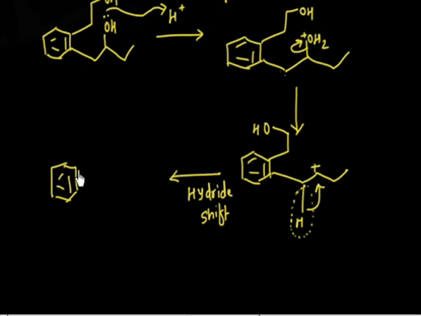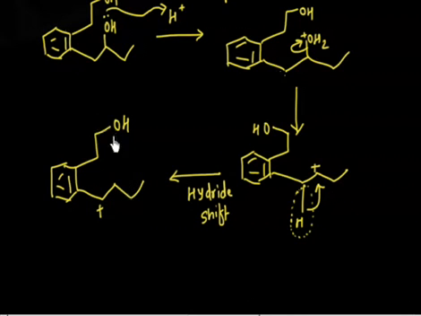The benzene ring is there, OH is there, and this hydrogen is already shifted. Basically there were two hydrogens; one hydrogen is shifted, so now it will have only one hydrogen and a plus charge. And then you will have CH2, CH2, CH2, CH2, CH3.